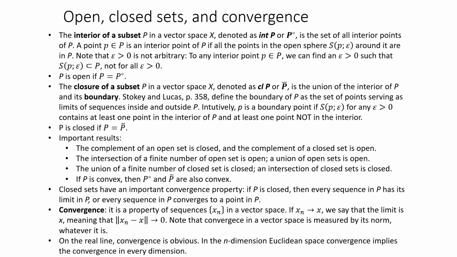Very important. We will discuss convergence in various vector spaces. And in all cases, convergence is measured by the norm of the vector space. So if we discuss convergence in a normed linear space, we always measure convergence by the norm of the normed linear space. On the real line, convergence is obvious.